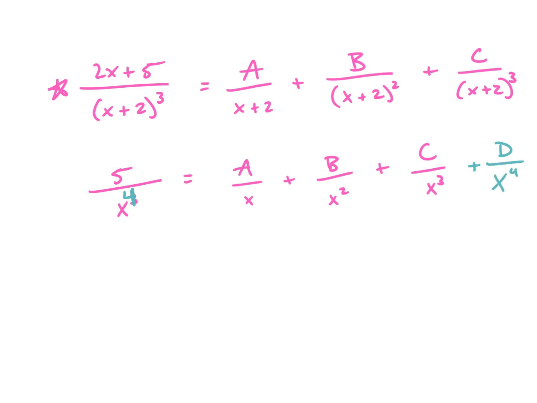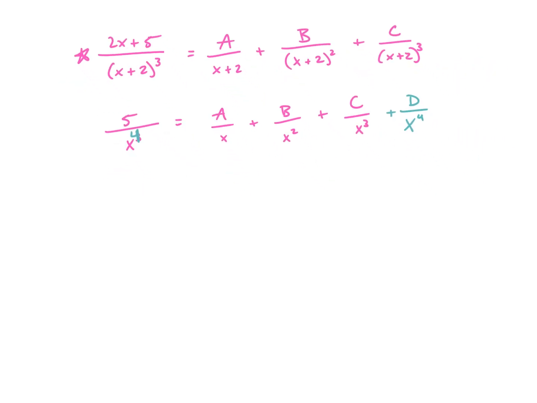So you just keep going until you get to the degree that you have in your denominator. There is a question like this in the homework where you have to set it up. If you have something that is squared or cubed or to the fourth power, you need the base of it and every degree leading up to it.